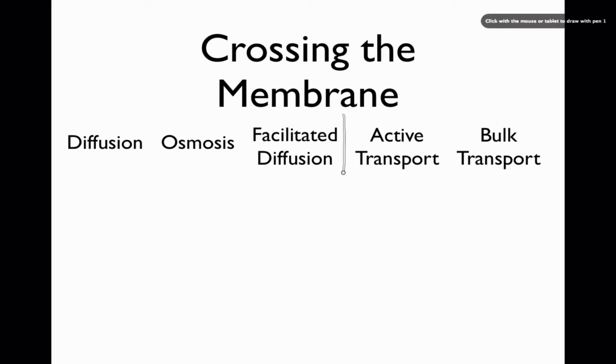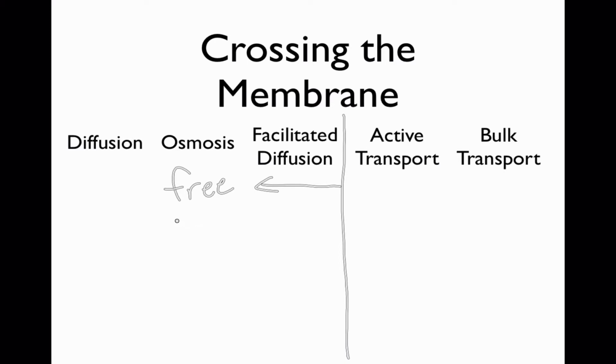Everything on this side of the line, over here, is free. It requires no energy. The reason why it doesn't require any energy is because material is always moving down a concentration gradient.